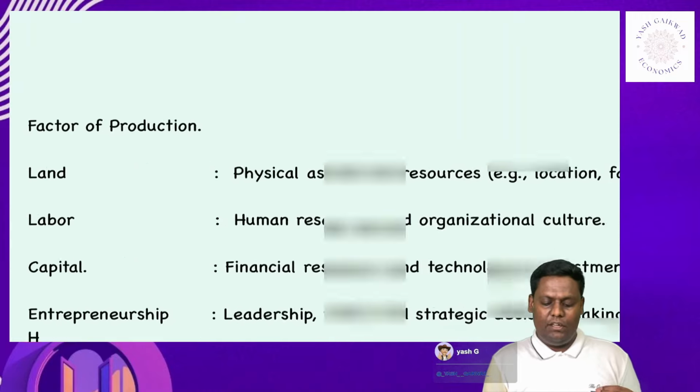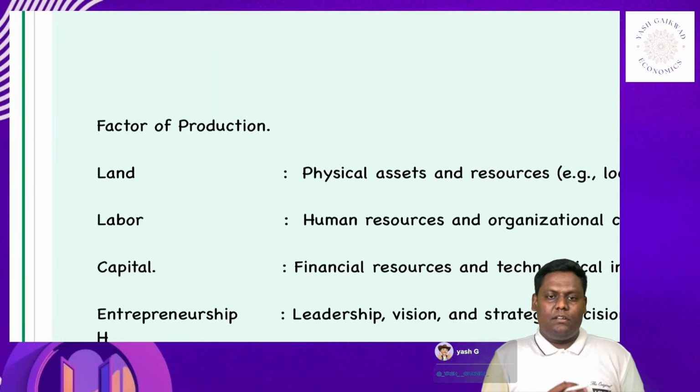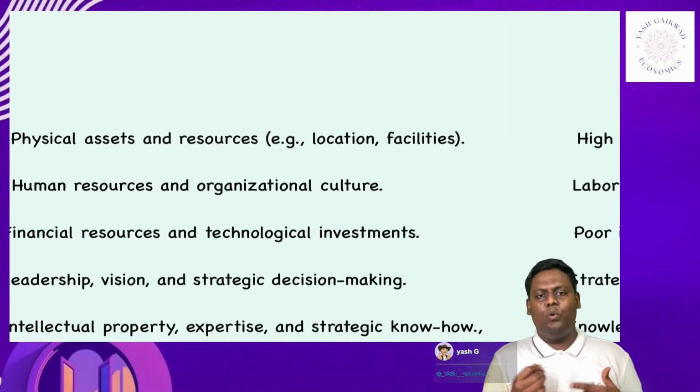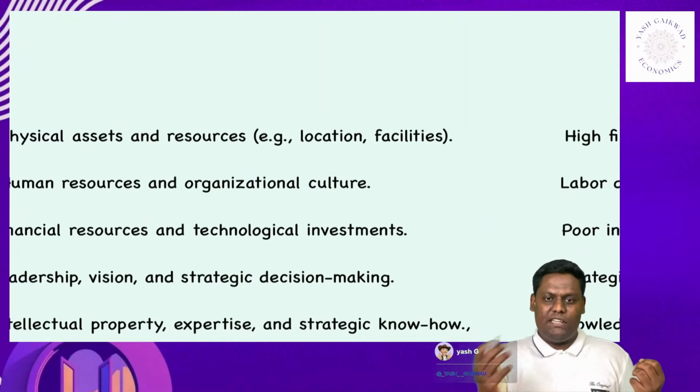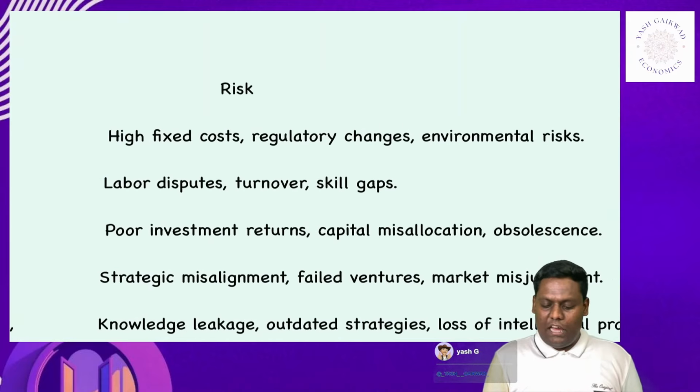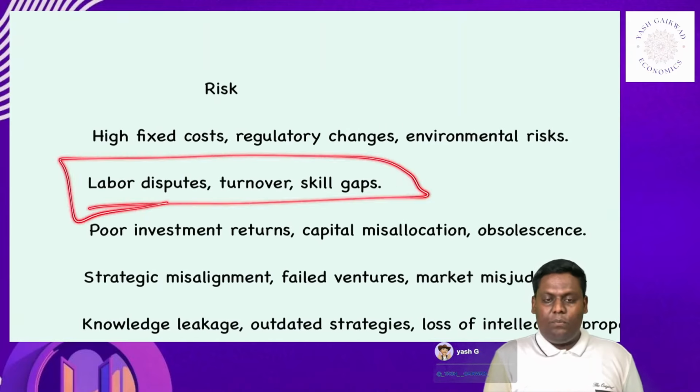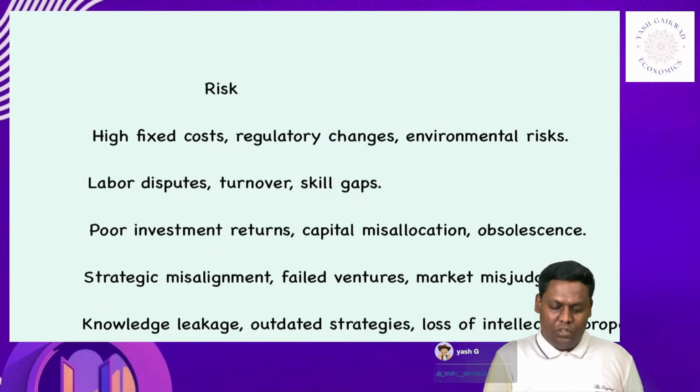The second factor is labor. Labor refers to the workers or the humans who are actually engaged in the process. This can include both your skilled laborers as well as your unskilled laborers. Now, with labor, the problem that arises is of labor disputes, because when there are two people working, the chances of conflicts are higher.